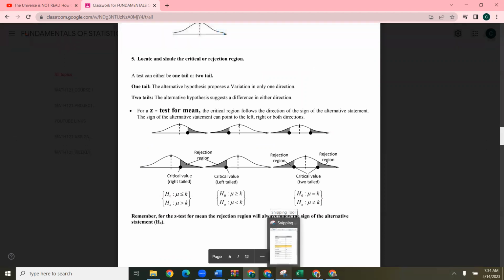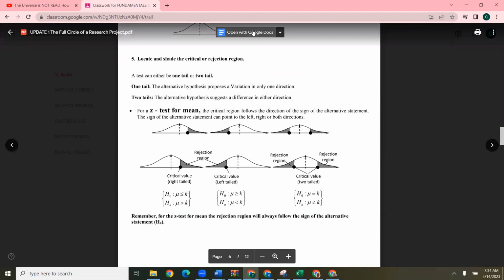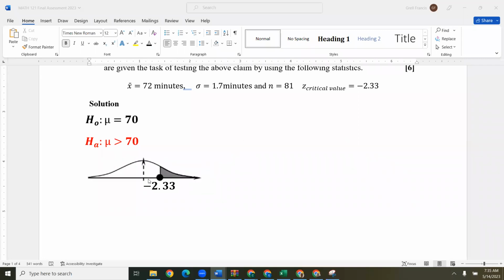So we can take a snapshot of this curve to put on our answer paper. Here we've got our curve, and our critical region is on the right because our alternative is pointing towards the right. Our critical point is on the right, and our critical value, which is provided for us, is negative 2.33.